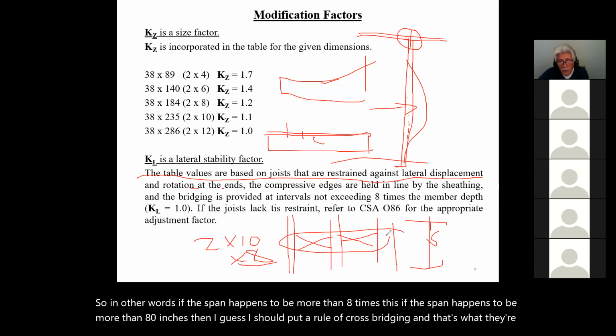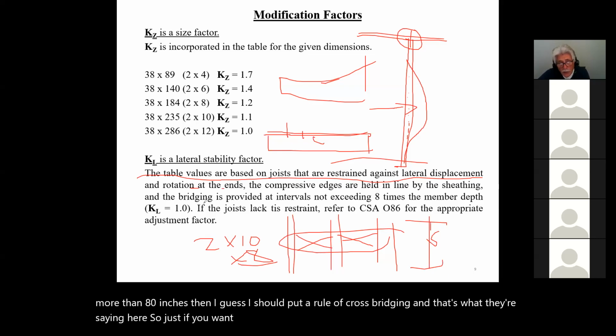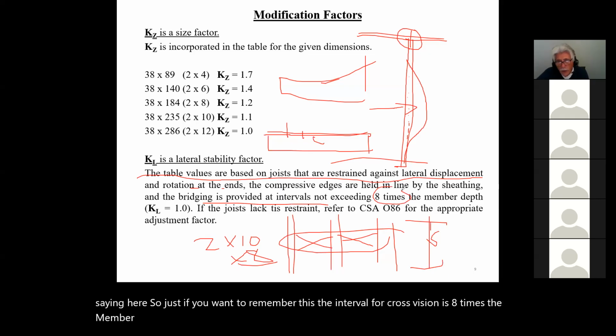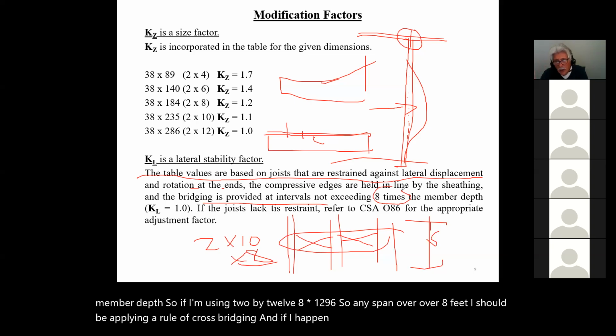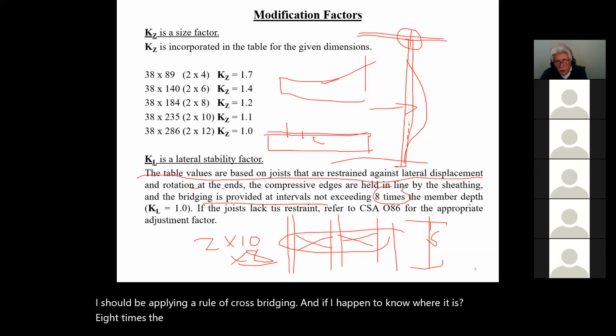So if you want to remember this, the interval for cross bridging is 8 times the member depth. If I'm using 2 by 12s, 8 times 12 is 96, so any span over 8 feet, I should be applying a row of cross bridging to provide a lot of stability.